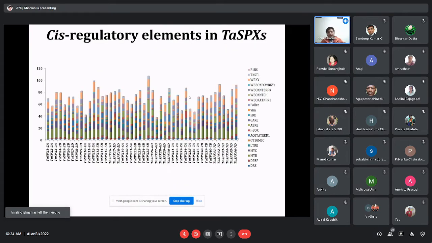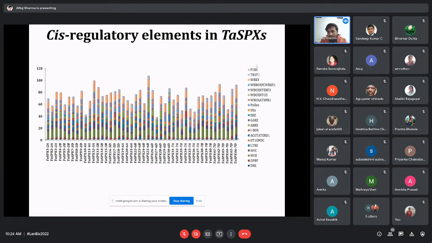Now, the cis-regulatory elements: we have found a lot of cis-regulatory elements in SPX. They respond to different developmental as well as abiotic stress responses, and they are well known for their important role in plants. We identified these using the PlantCARE tool for the purpose of identifying cis-regulatory elements.